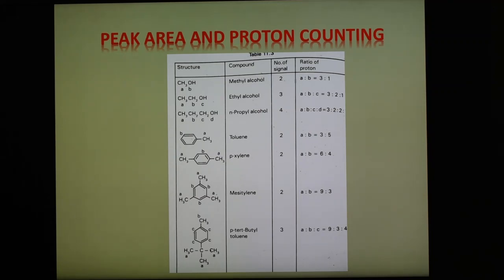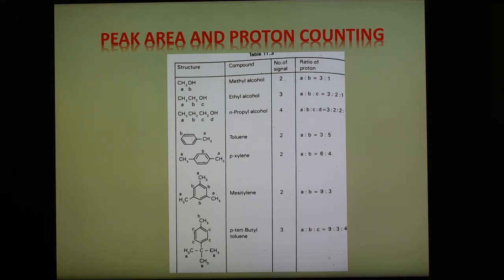So if the number of protons is more, the area is larger. Depending upon the number of protons, the area under the NMR signal is directly proportional to the number of protons giving that signal.